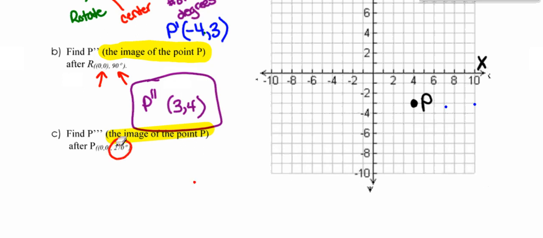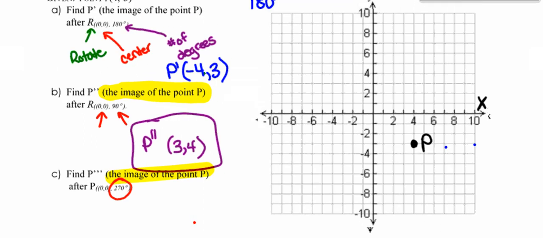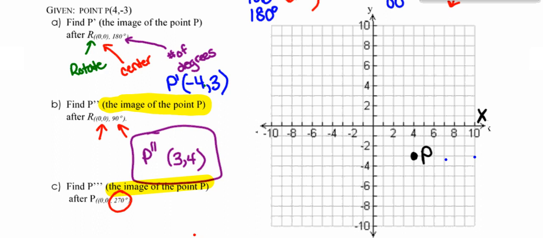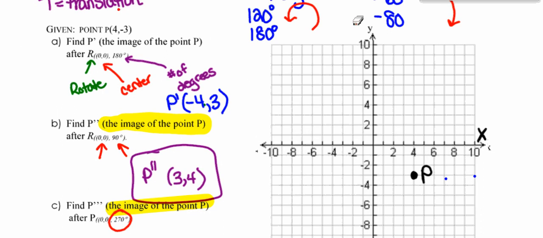So 270 degrees would be 3/4 of a complete circle. So in other words, I want to turn 90 degrees 3 times. So I'm going to start with my point P where it's at.